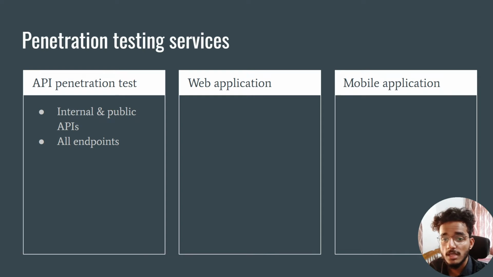The vulnerabilities that would be tested on your API would be OWASP API Security Top 10. These top 10 vulnerabilities from OWASP would be tested on your API endpoints, so we can make sure if any of those vulnerabilities exist on your APIs.